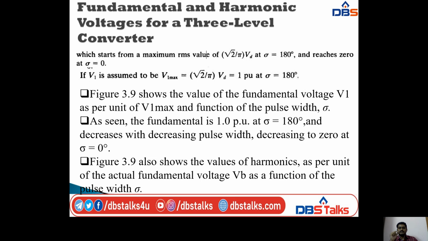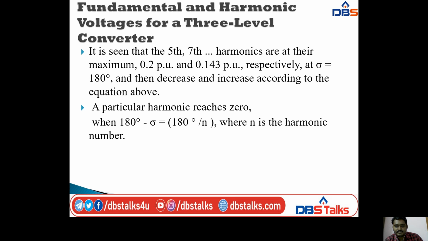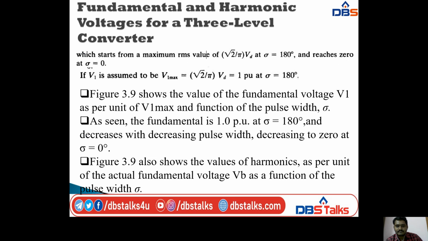Figure 3.9 shows the value of fundamental voltage V1 as per unit of V1 maximum as a function of the pulse width sigma. As seen, the fundamental is 1 per unit at sigma equal to 180 and decreases with decreasing pulse width, reaching 0 at sigma equal to 0 degrees.